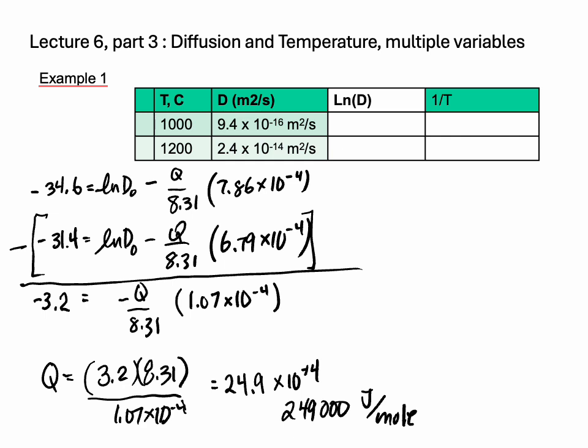Now that I have Q, I can substitute that in either one of my original two equations. I'll use the top one, and I have negative 34.6 is equal to natural log of D0 minus 249,000 over 8.31 times 7.86 times 10 to the negative 4.